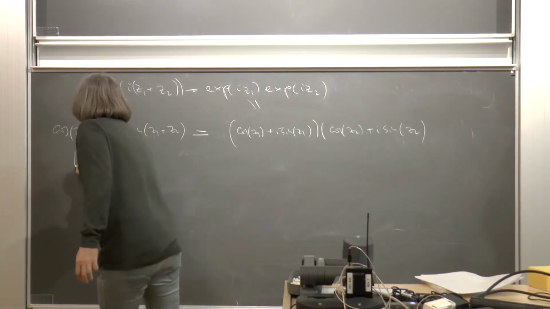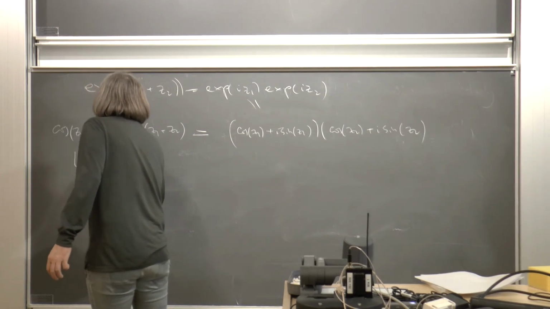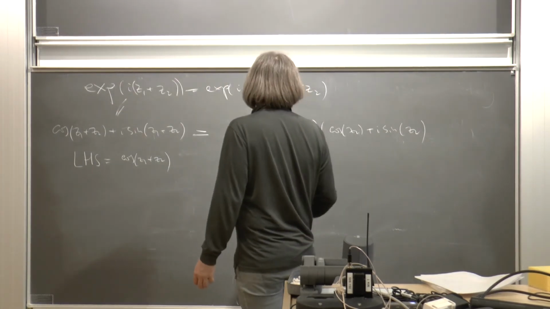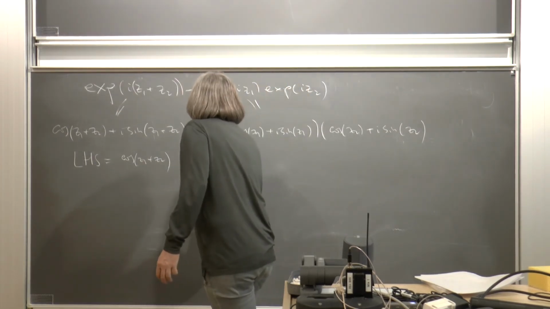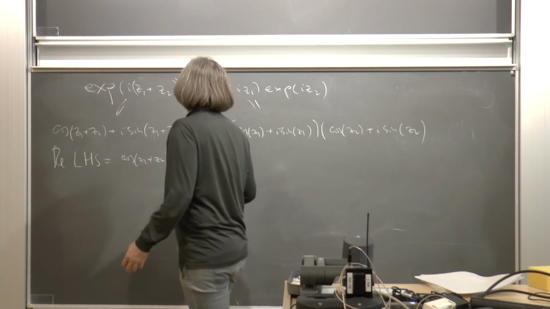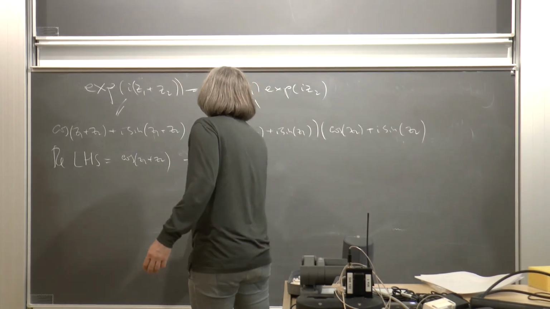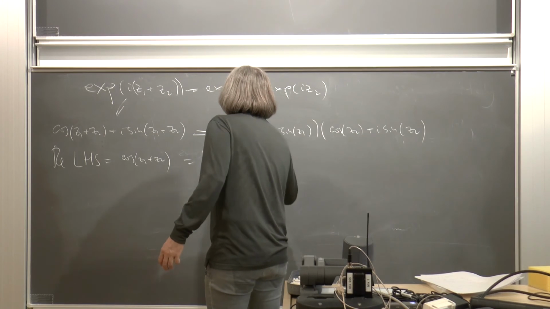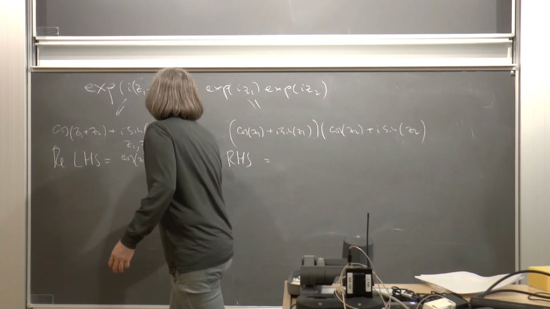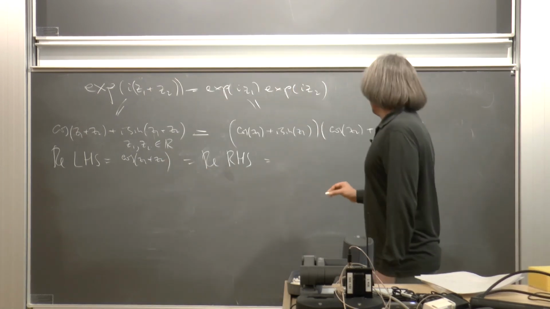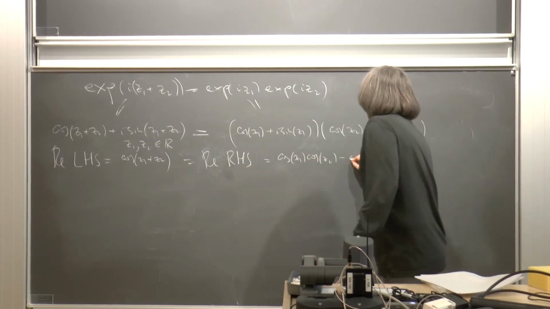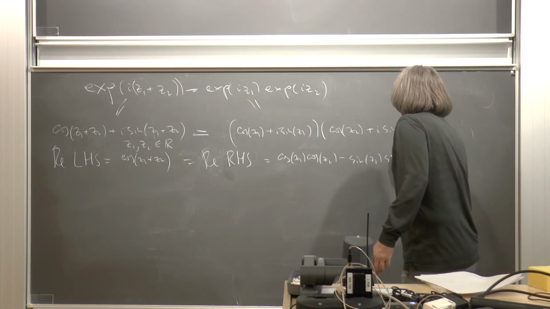So then we'll get, in the left hand side we have cosine of z1 plus z2, and in the right hand side, and this will be, z1 z2 are real, cosine z1 cosine z2 minus sine z1 sine z2.